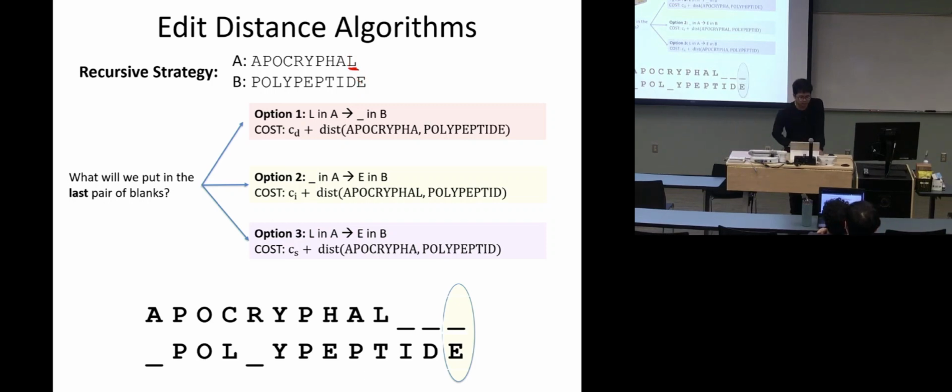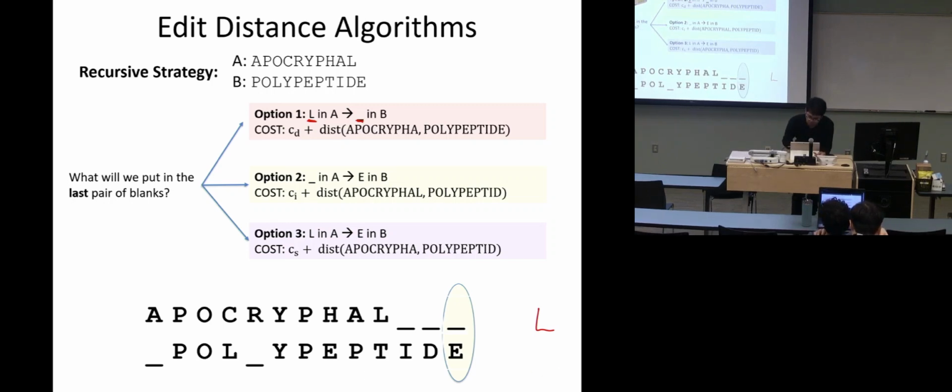Well, there are actually 3 choices one can make. The first choice is that in the last pair, we want to delete L, from L to blank. So in our alignment, we want L here and this is blank.